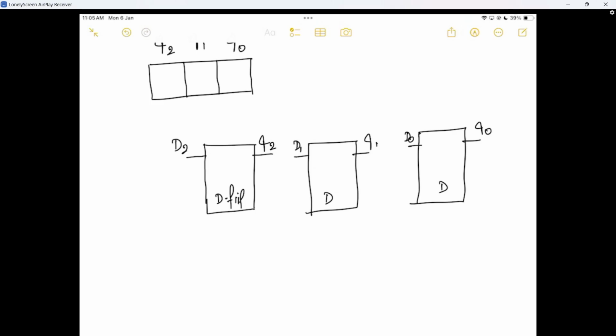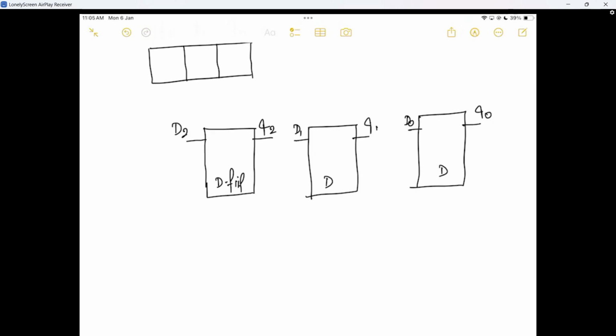So if I make a serial in, serial out type of shift register, what happens?